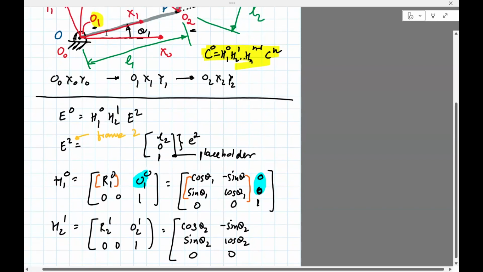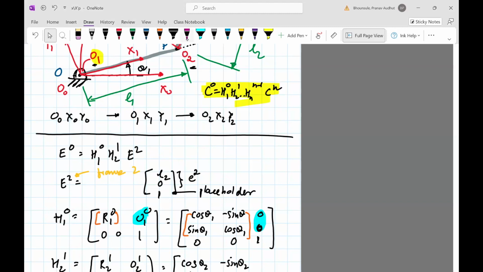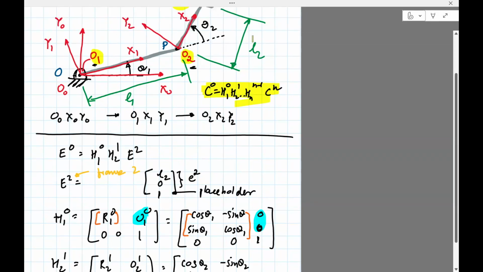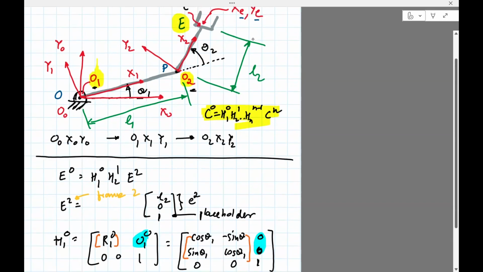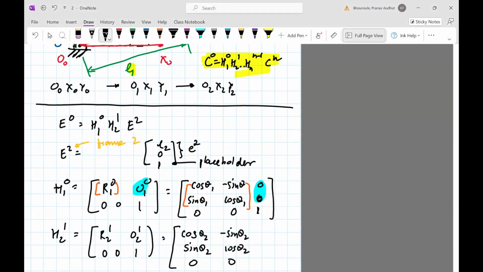Okay, now we come to O2^1. So we need to compute the position of O2 in frame 1. So O2 is this, and we need it with respect to frame 1, this one. You need to find how O2 is placed on frame O1, X1, Y1. You can see that O2 is along the x-axis X1, so its coordinates are going to be simply L1 along x1, 0 along y1, and then there's a placeholder.